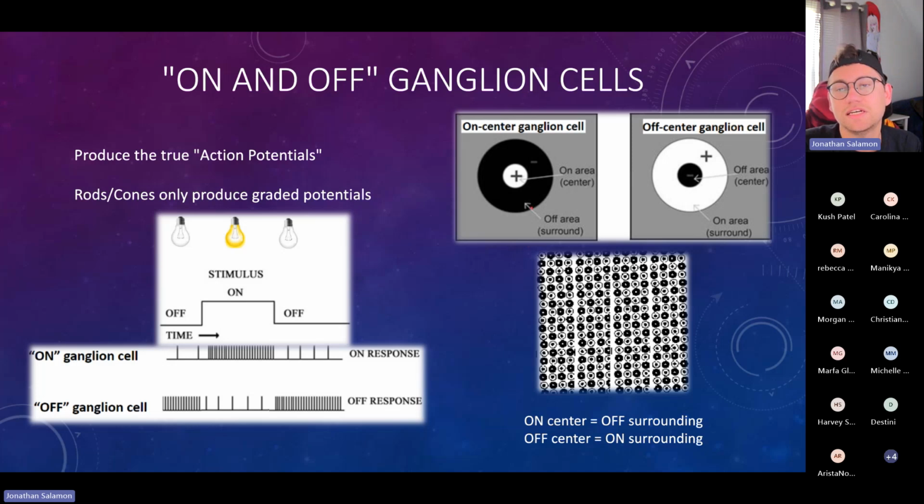And again, that should make sense because if you imagine you hit this whole area with light, right? For the on cell, I'm hitting this whole area with light, and most of the area is dark, right? Whereas with the off cell, most of this area is light. Oof! I should have thought about how to explain this to you guys before I did this.